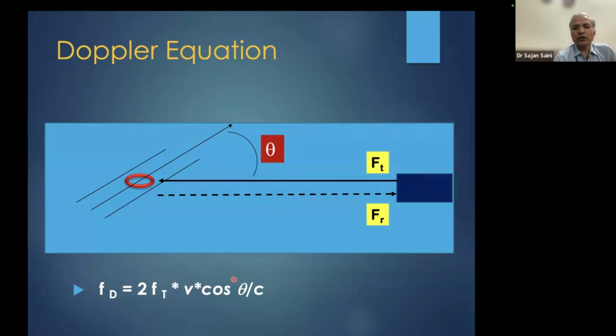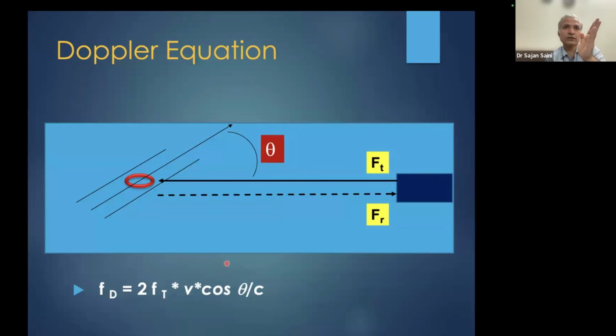So we know that as we increase the angle towards 90, the measurement is going to be more and more erroneous.